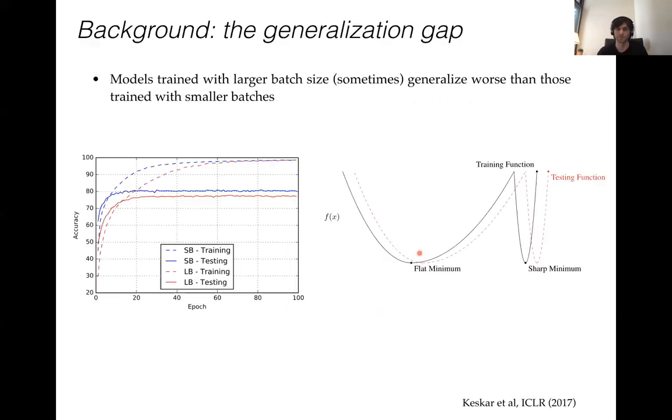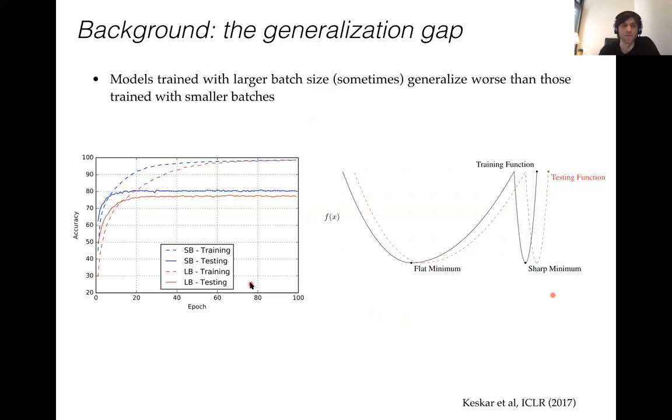So the question that we're trying to think about is that there's a surprising thing that happens with SGD, which is that not only is it computationally more efficient, it actually often helps you generalize better.